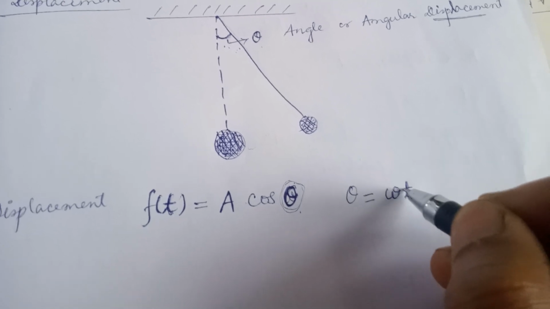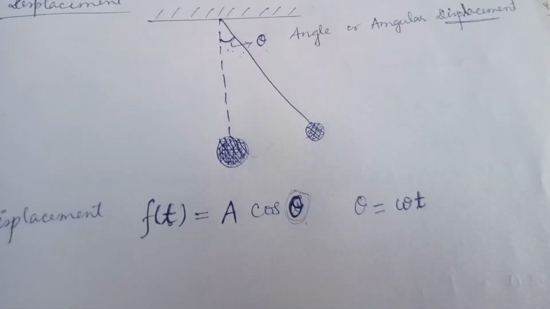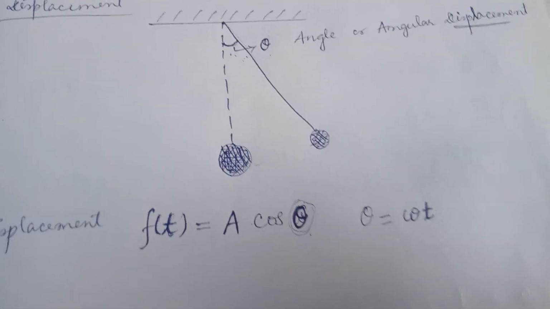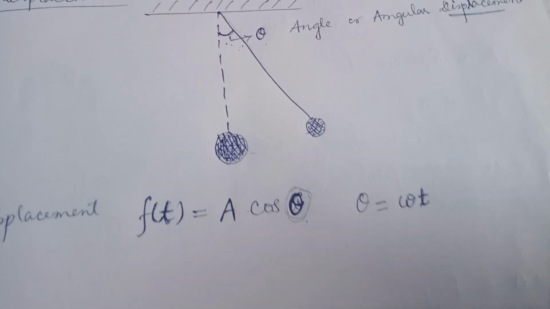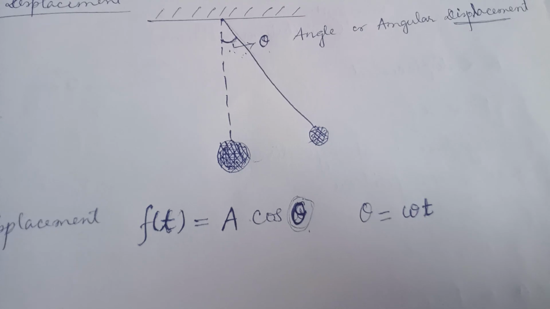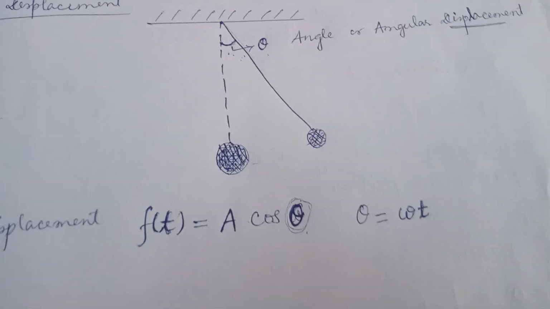We have already discussed frequency. Frequency for linear motion is simply the reciprocal of time, and angular frequency is for circular motion.